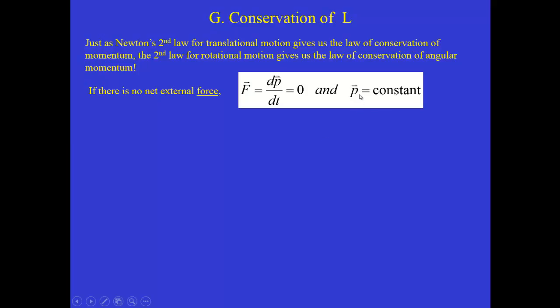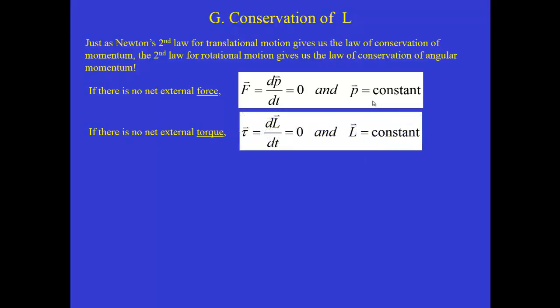And whenever we find these quantities that under certain conditions are constant, that gives us the basis for a conservation law. And so for rotational dynamics, we have something very similar. The torque acting on an object is equal to the time derivative of angular momentum, and if that's equal to zero, there's no net external torque, then for that system, the net angular momentum is a constant.